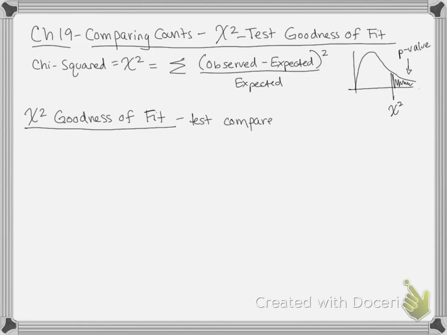compares an observed distribution of one categorical variable, so non-measurable, right?